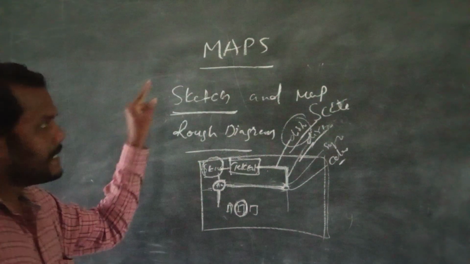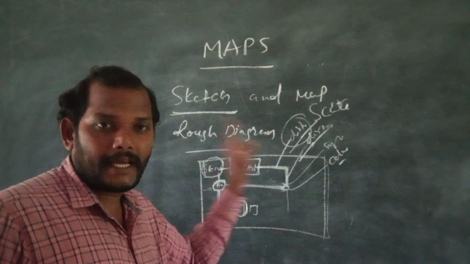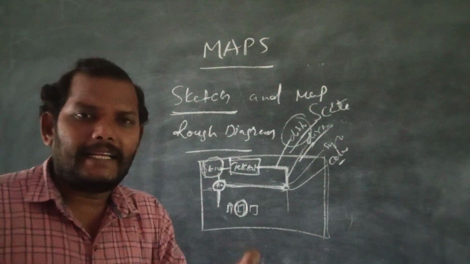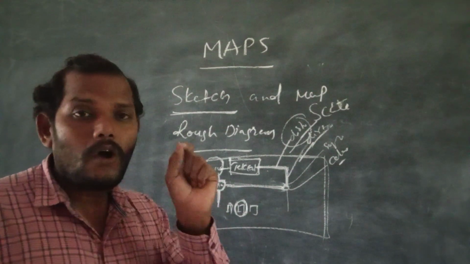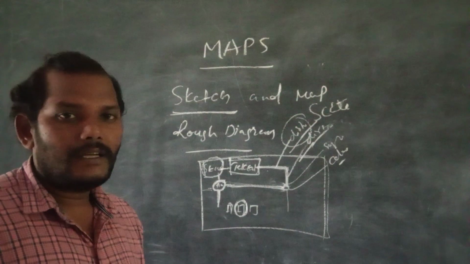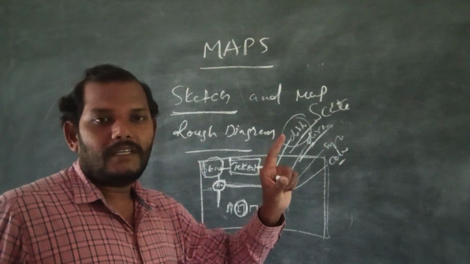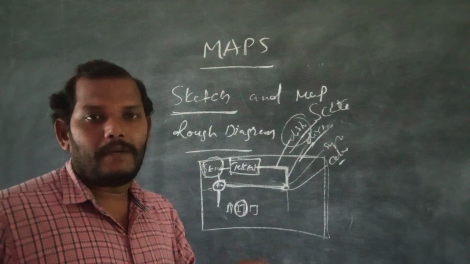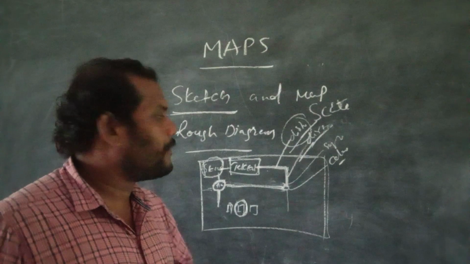You understand? Sketch means rough map. It's a rough diagram. It gives very little information, and there is no clarity. But the map has full information. It gives sufficient information, and it has some other features also. What are the other features?